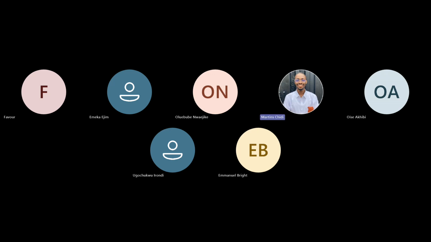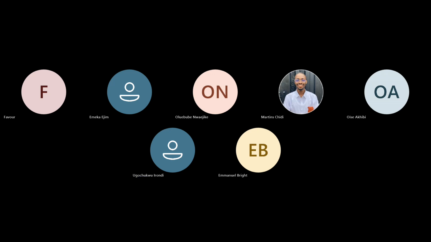Ugochukwu, I would like to hear from you. Ugochukwu, are you here? Okay, Oluebube, you haven't said anything. Are they always quiet like this, Mr. Wise? Yes. Not all the time.